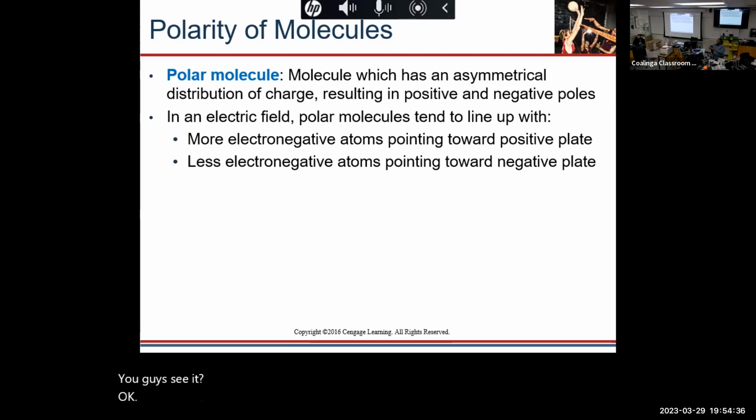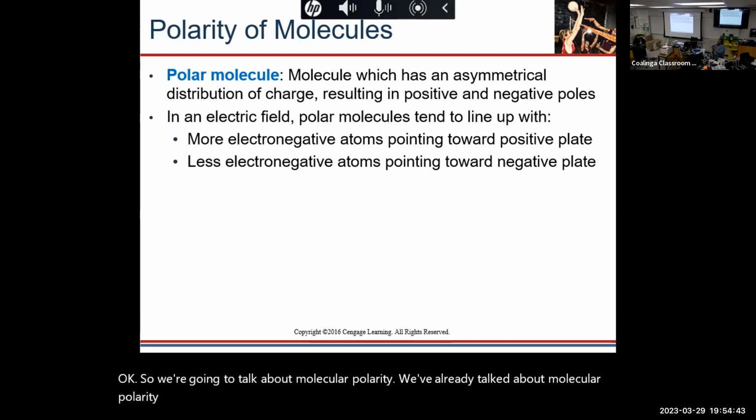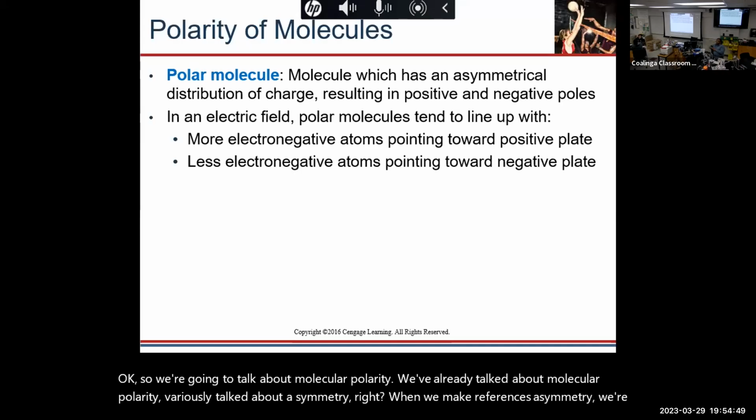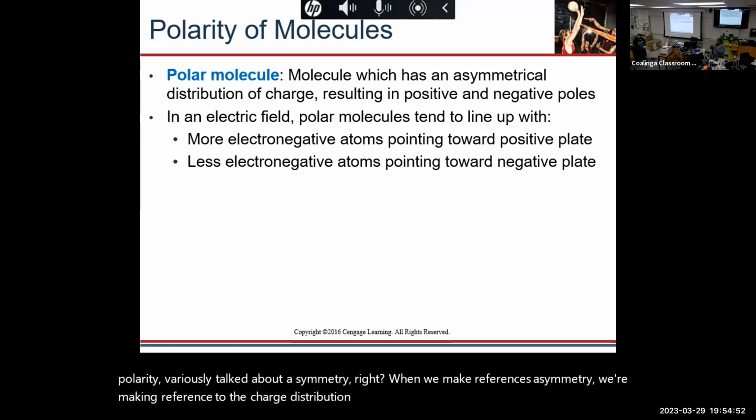Okay, so we're going to talk about molecular polarity. We've already talked about molecular polarity. We've also talked about asymmetry, right? When we make reference to asymmetry, we're making reference to the charge distribution. So we're looking at the distribution of charges, okay?